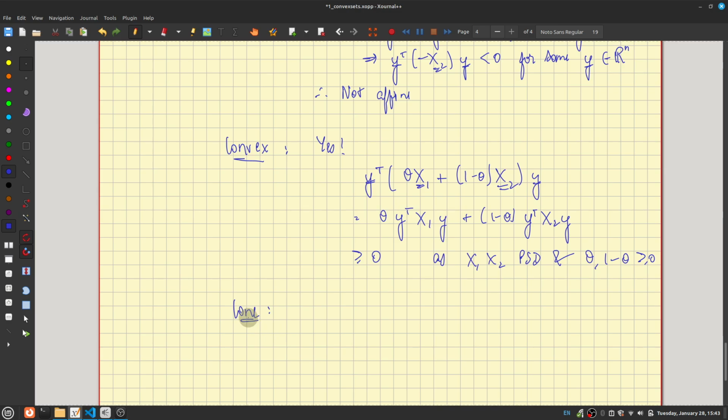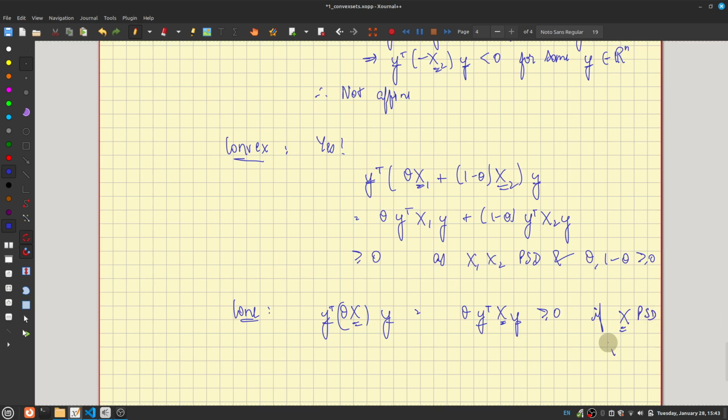Is it a cone? It is a cone because again, take any theta times x. Y transpose theta x y is theta times y transpose x y, which is greater than or equal to 0 if x is PSD and theta is greater than or equal to 0.